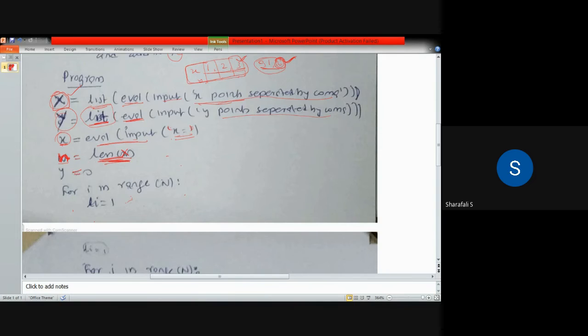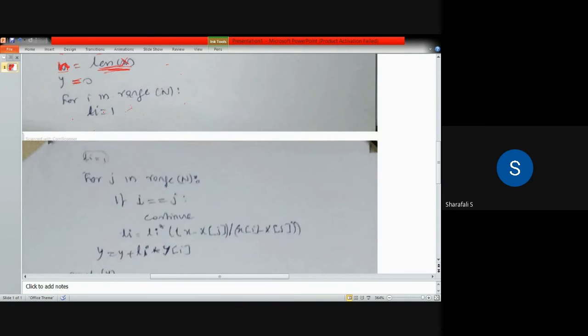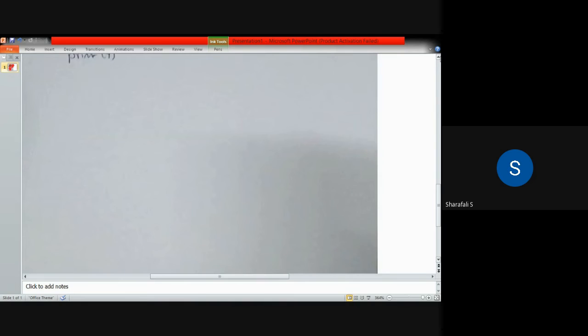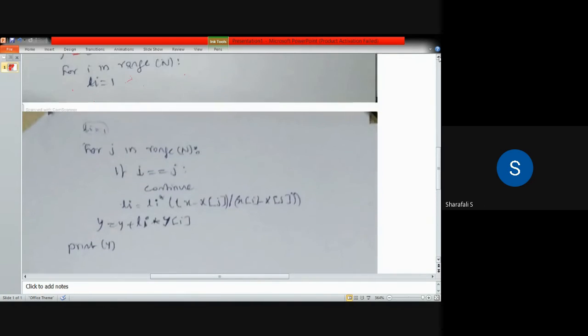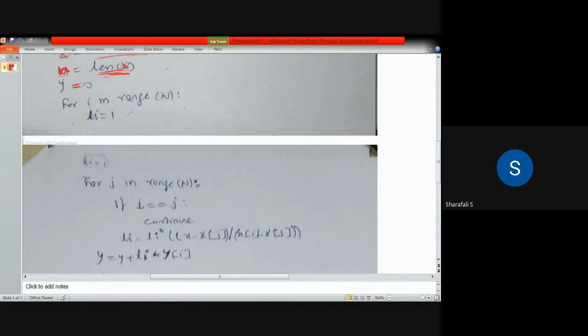And then you initialize y equal to 0 here, that is the initialization. And for i in range, these two for loops are for calculating the Li terms. So y equal to 0 is the initialization for y.